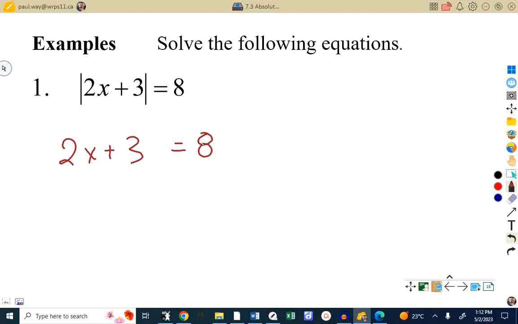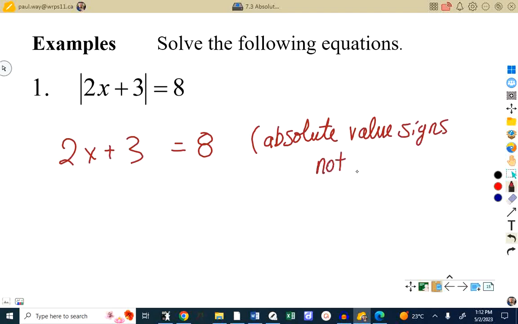What would the equation be? And we're not going to do this every time, but I actually want to write this. The absolute value signs are not needed. By the way, if they're not needed, you know what that means? It means 2x plus 3 is positive. Or 0.